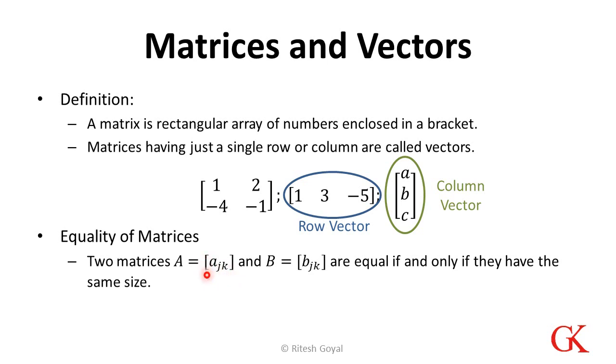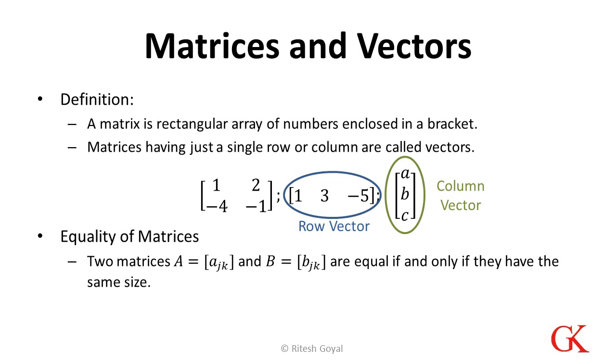Putting A in this manner defines a matrix whose dimension can be defined separately. Same with B. The first and foremost condition to say whether two matrices are equal is that they should be of the same size. If they are not of the same size, there is no comparison. They are not equal at all.